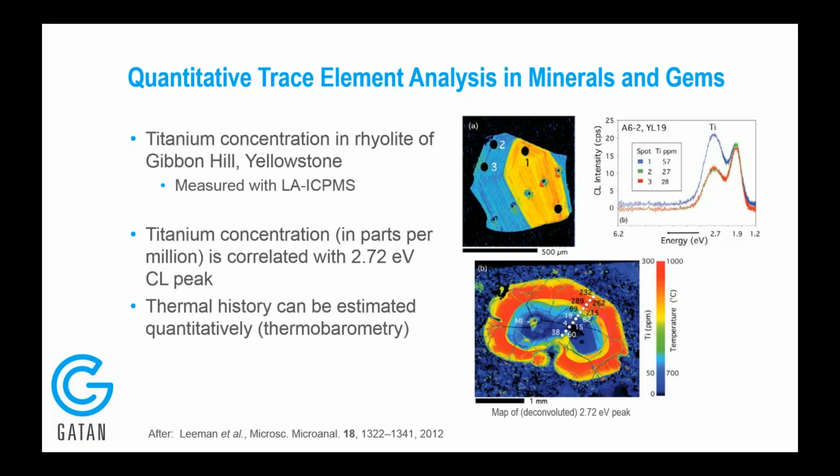And so once you have this ability to perform quantitative titanium analysis to determine the concentration of titanium in these quartz minerals, you can then work back and calculate the temperature of formation of the mineral itself. Now, these minerals are very important in oil and gas extraction.